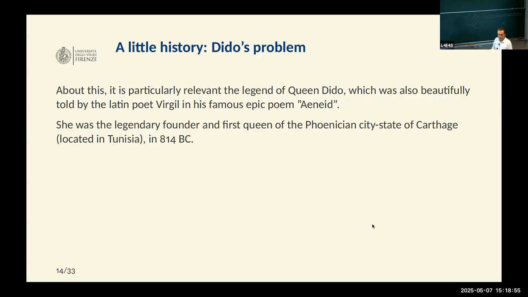So much before Rome, something that Rome always, oh, come on, they are older than us. Indeed, Virgil put this story in his poem just to make a connection between Carthage and Rome, so to say, but I don't want to speak about this.